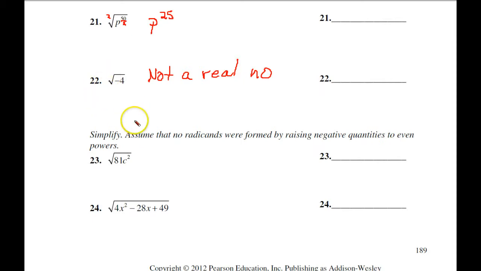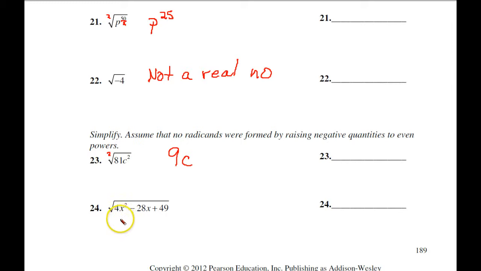Now here they want us to simplify and perform by raising negative quantities to even powers. So the square root of 81 is 9. And again, we're just dividing this by whatever the index number is. And that gives us 9c.